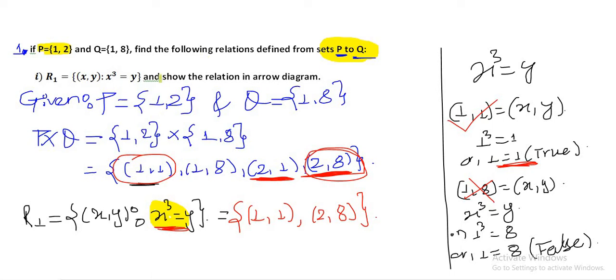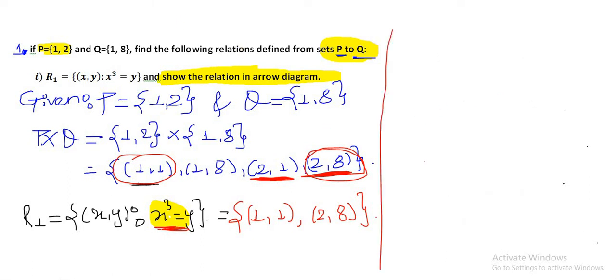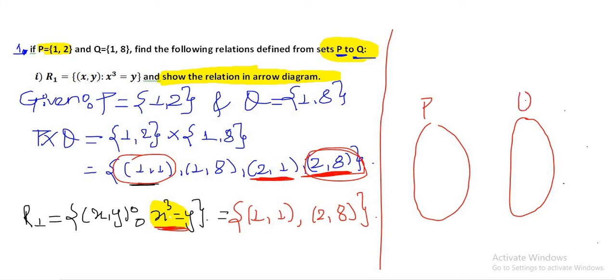But this is not the whole solution. At the last of the question we are asked to show the relation from set P to Q which satisfies the given condition x cube equals y in an arrow diagram. So I'm going to show it in an arrow diagram. I have drawn the diagram for set P and set Q, and the relation R1 is defined from set P to set Q, so we write R1 from P to Q over the arrow.